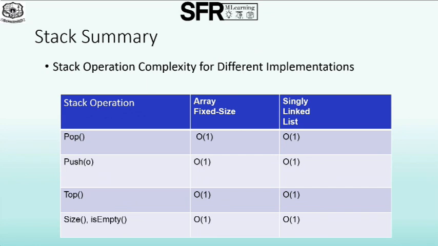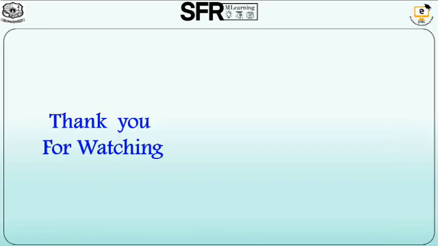But the implementation complexity varies between arrays and linked lists. Arrays are a much easier method for implementing the stack compared to the linked list. So, depending upon our application, we can use either the singly linked list or an array for implementing the stack.